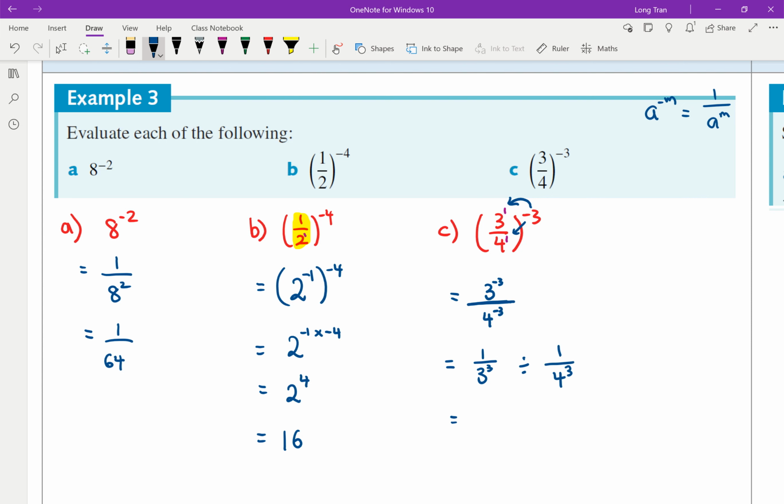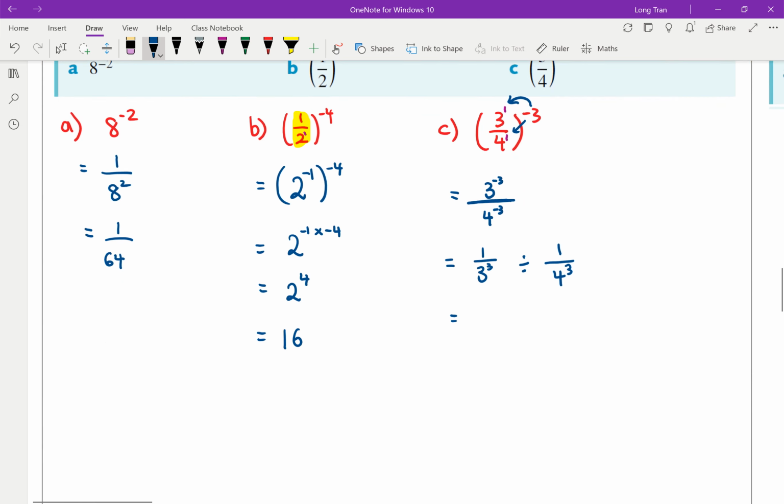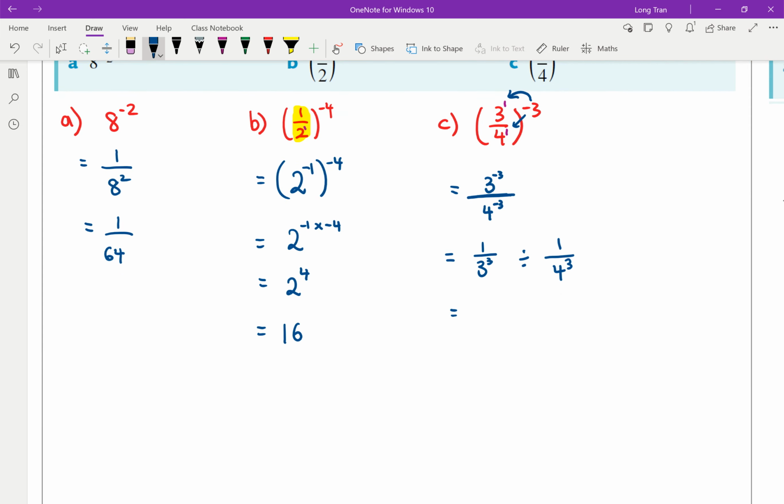Now we know that when we divide, we are multiplying by its reciprocal, so 1 over 3 cubed is actually 1 over 27, times the reciprocal, which becomes 4 cubed over 1, and keep in mind that 4 cubed is the same thing as 64. So 64 over 1, and here we go, we've got 64 over 27, and I wonder if there's a number that we can simplify there.